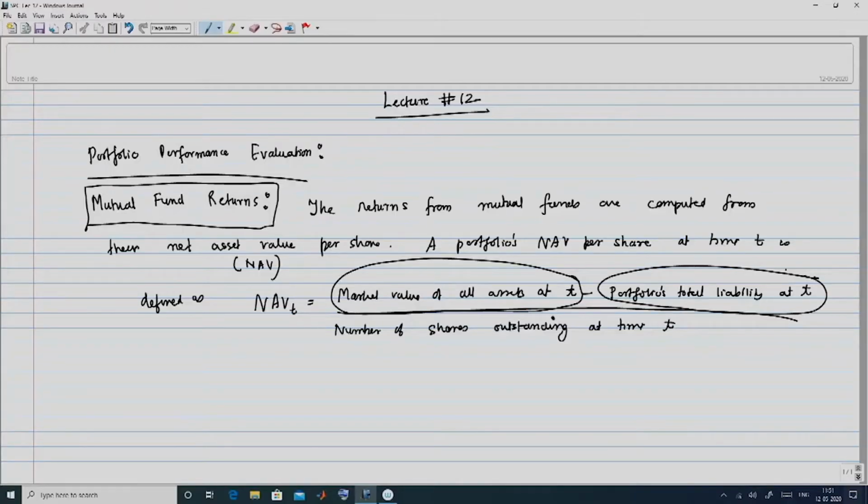Whatever liability you have at time t, you subtract from the total assets held in the portfolio, and this is the net amount of money that the mutual fund actually has in case it decides to sell off the assets, and this is basically the current valuation at time t.